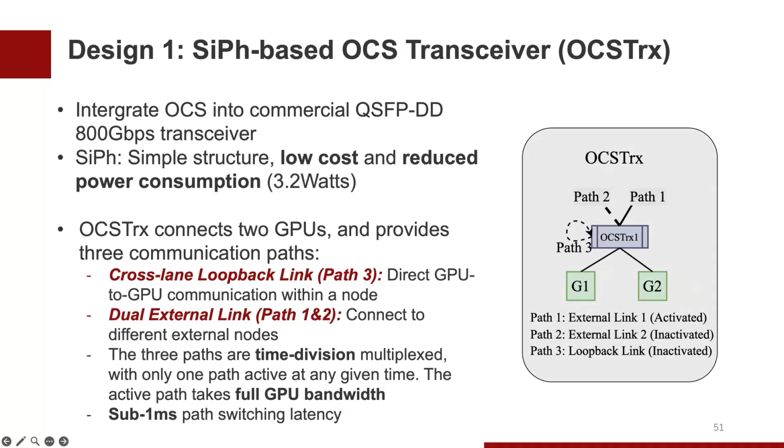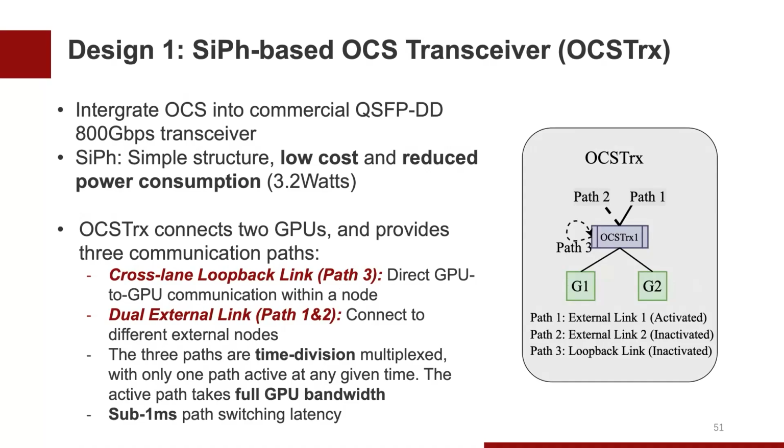With this OCSTrx, we design our topology. This hardware can provide connections with two GPUs, and it can provide three communication paths. The first one we call the cross-lane loopback link, which is path 3 in this picture. It can provide direct GPU-to-GPU communication within a node.